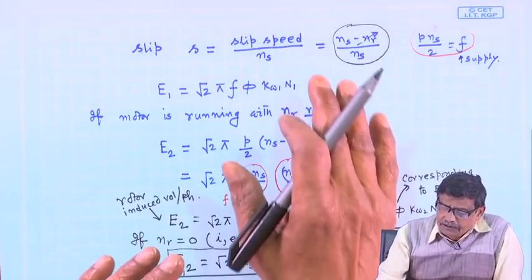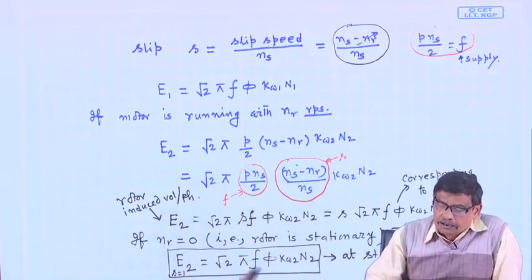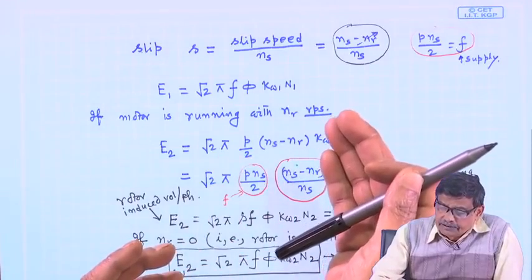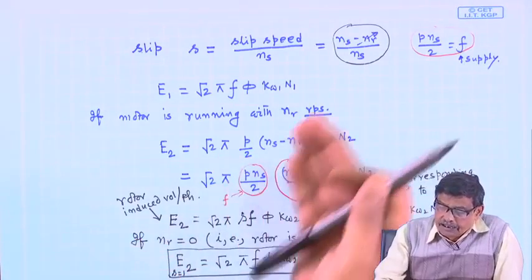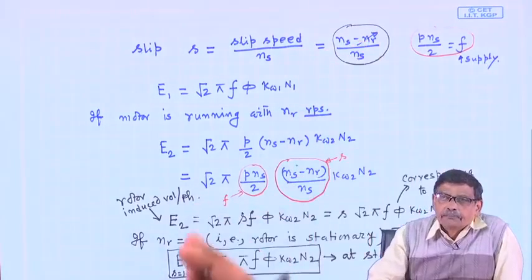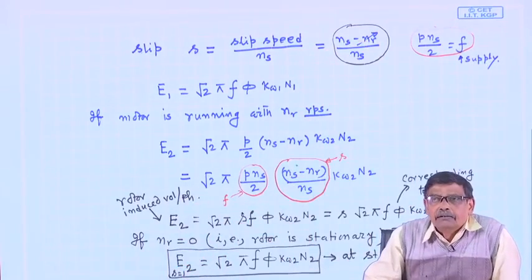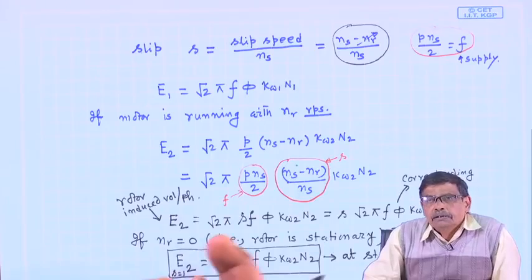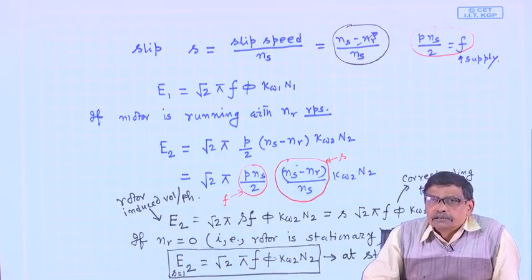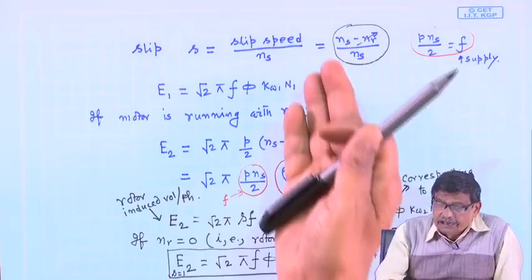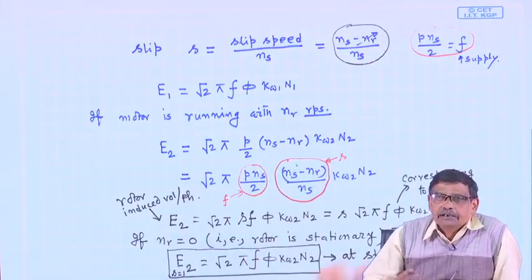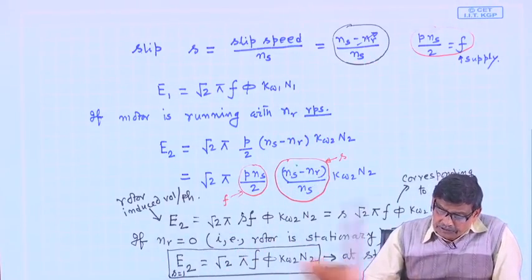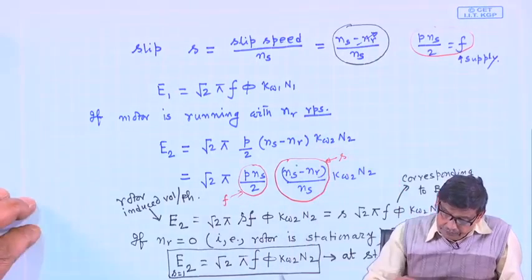If it is mechanical, let all be mechanical. If Ns, Nr are in RPM, let all of them be RPM, or all of them be in RPS, or in electrical speeds, everything you express. So, that is the whole idea.